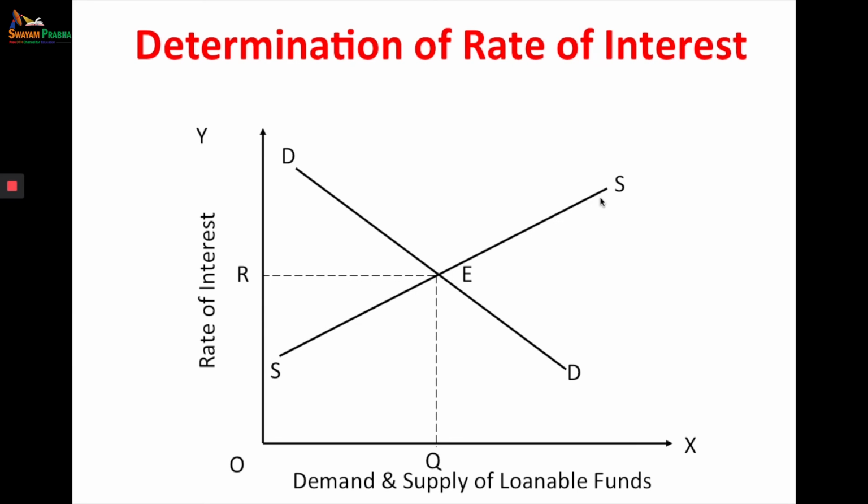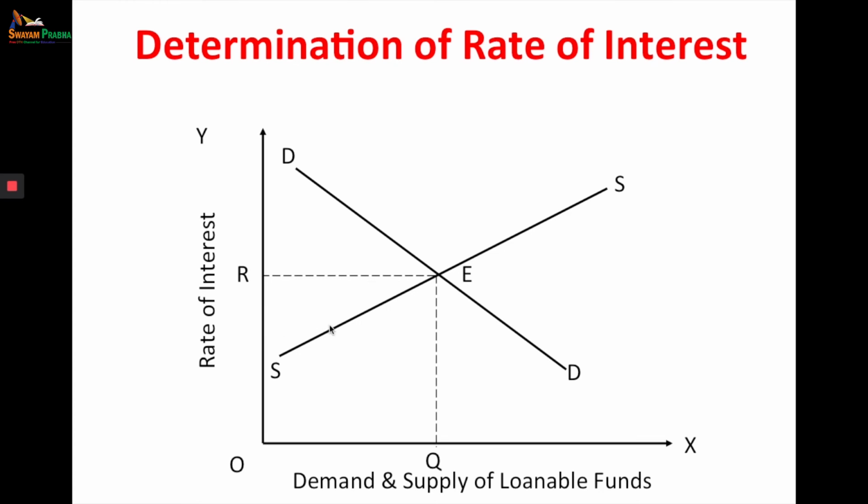SS is the supply of loanable funds, DD is the demand curve for loanable funds. The demand curve shows an inverse relationship: the higher the rate of interest, the lower the demand for loanable funds, and the lower the rate of interest, the higher the demand.